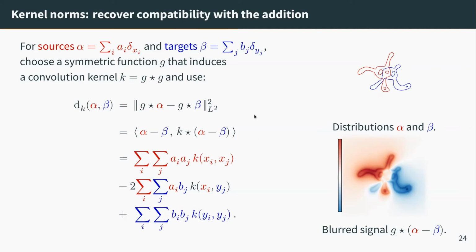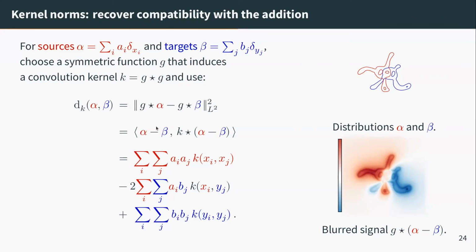So that's a nice definition, and on histograms, that's all you need to do to compute it. If you have data samples in a high-dimensional space, you do not want to clusterize and to voxelize your space. So instead, you're going to rely on a small mathematical identity that tells you that this formula is exactly equal to the product between the measure alpha minus beta and k convolved with alpha minus beta, where k is a function that is G convolved with itself.